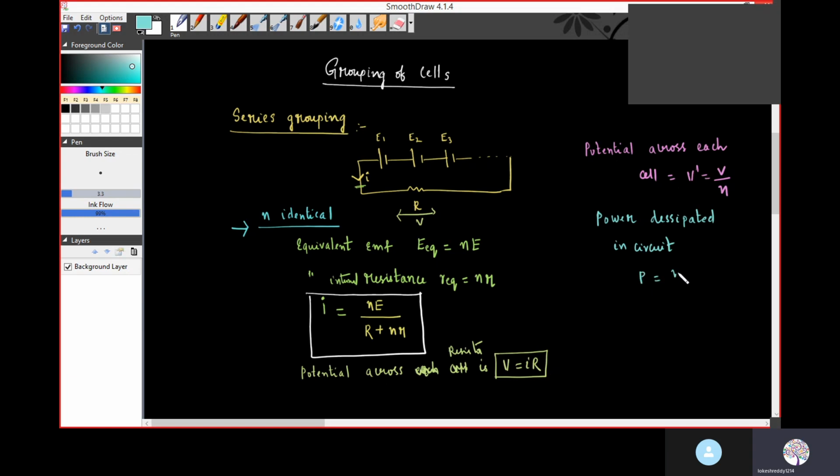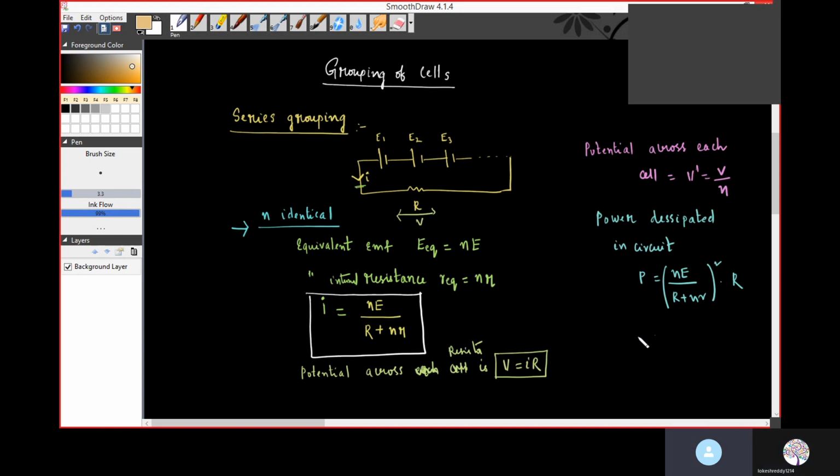P is equal to I square into R, where the current is NE by R plus NR. So the power dissipated in the circuit is P is equal to N E square by R.